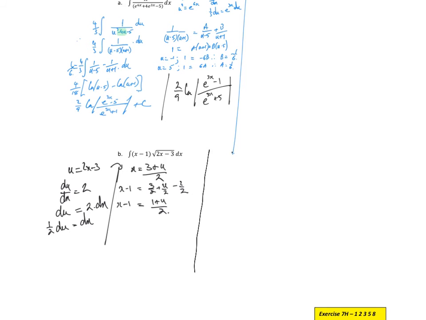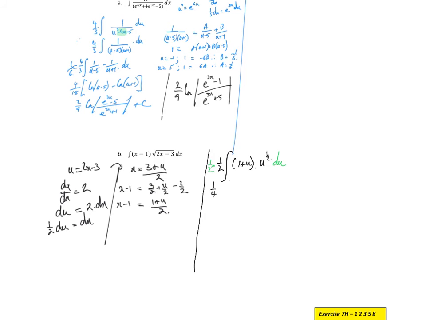All right, so let's bring it all together a little bit. I've got the integral of x minus 1, and we'll bring that half out the front. I get 1 plus u, so there's x minus 1. The square root of 2x minus 3 is u to the half, and dx is equal to another half du. So what does that give me?